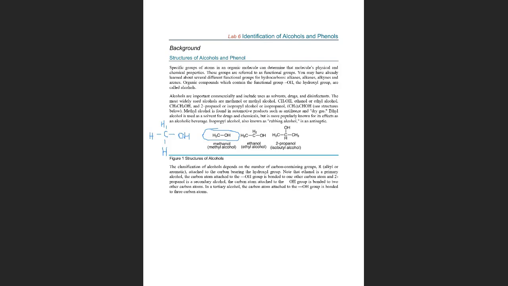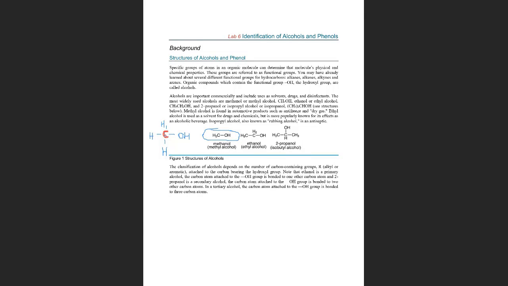In this case, methanol is not even bonded to one more carbon. This carbon, let's do it in another color, is not bonded to any other carbon. We can say primary alcohol.